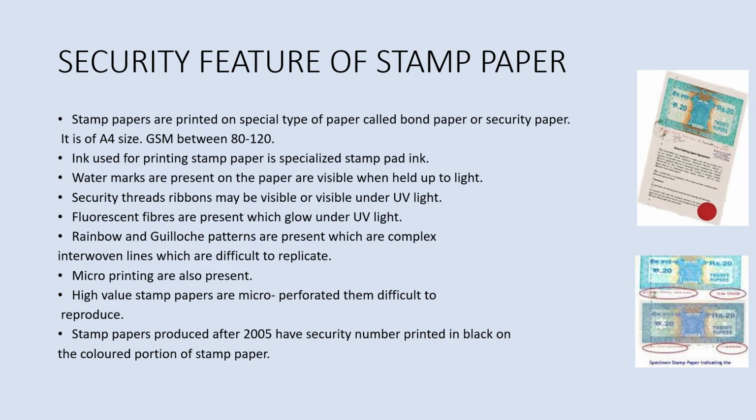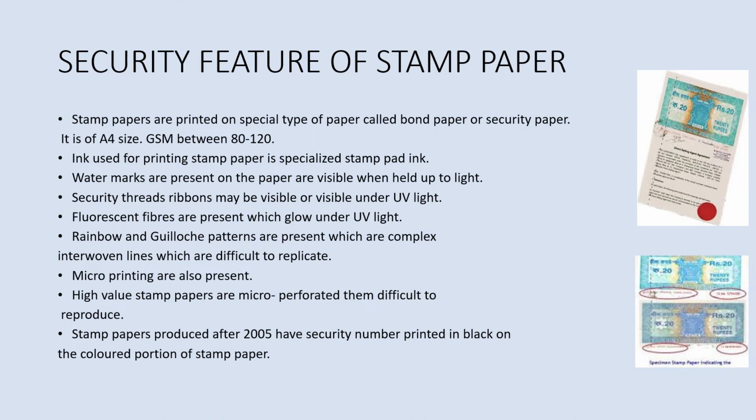There are watermarks present on the paper which are visible only when held under light. The security threads or ribbons may be visible normally or visible under UV light. Fluorescent fibers are present which glow under UV light.